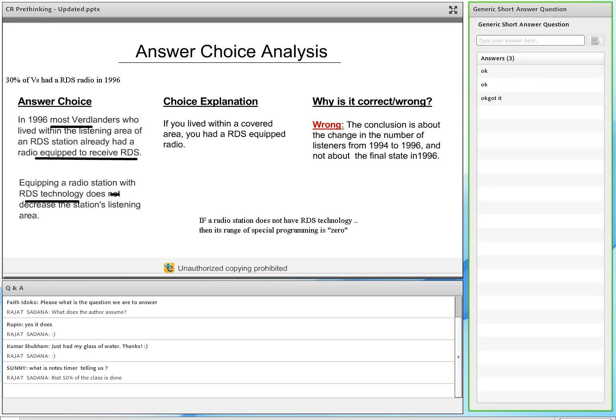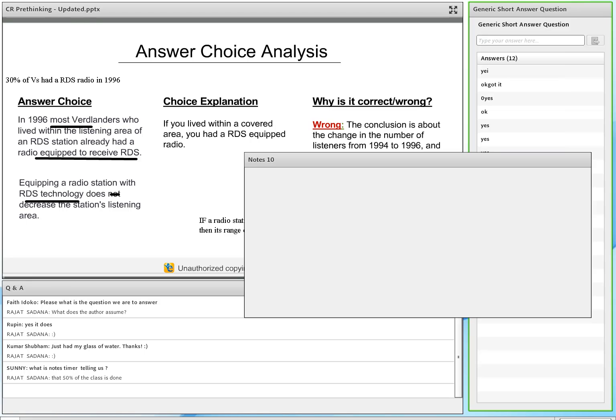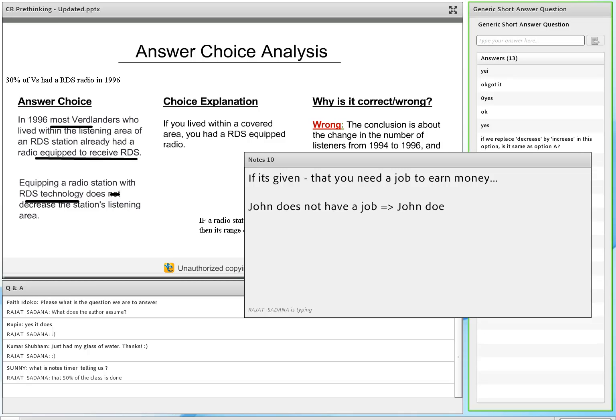Do you guys get it? Or in other words, if I tell you that John doesn't have a job, by definition you can infer, and you see how the application of inference skills comes in here, that John does not earn money.